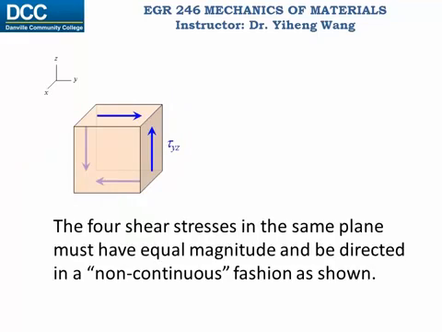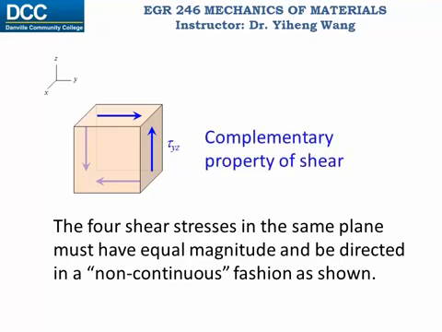Secondly, the shear stresses within the same plane, in this case the YZ plane, must have the same magnitude. Also, their directions must follow this rule, that the 2 adjacent shear stresses must be either towards each other or away from each other. And this is called the complementary property of shear.